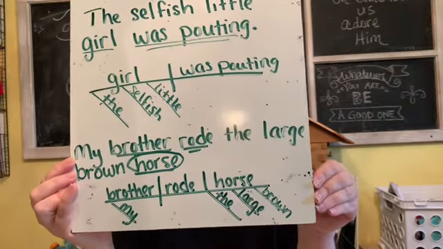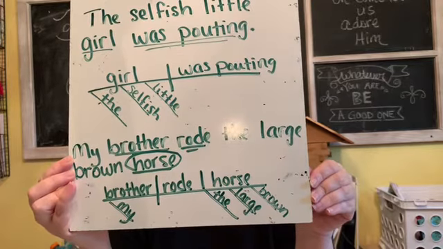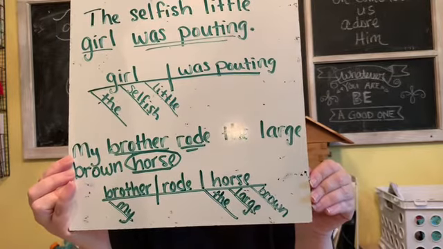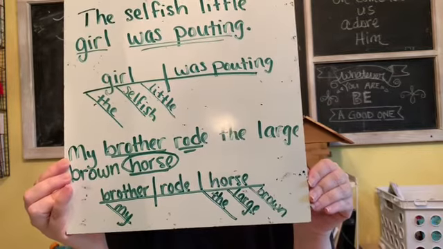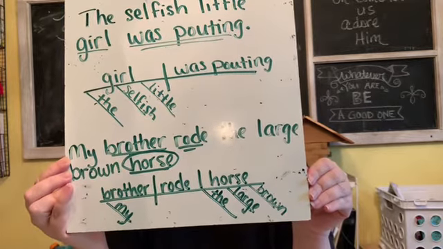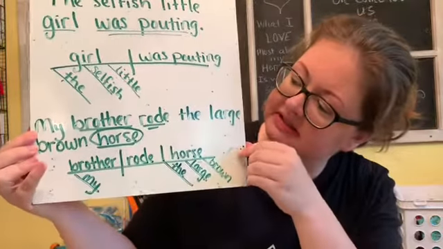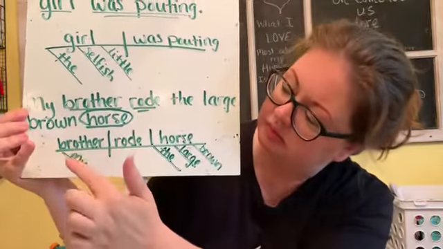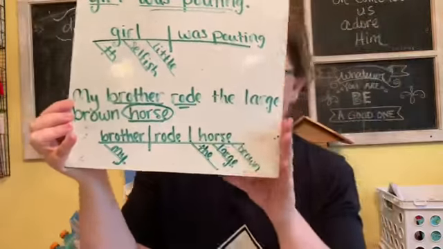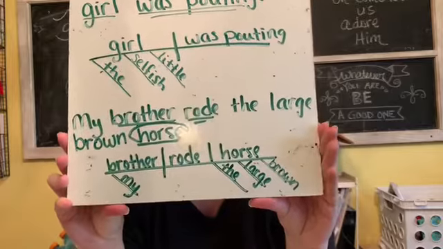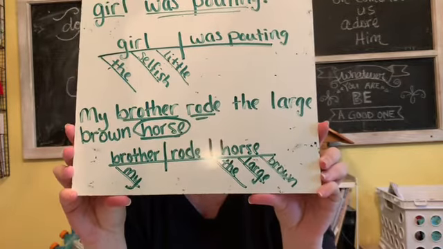Subject tells me who or what. It was the brother. What did the brother do? He rode. Whom or what did he ride? That is my direct object. Well, the horse. So here's my sentence skeleton. Brother rode horse.